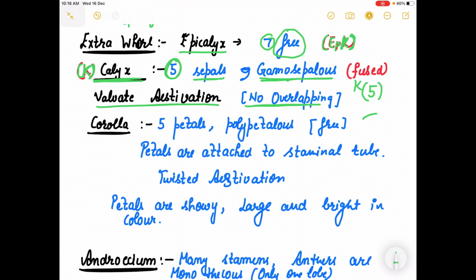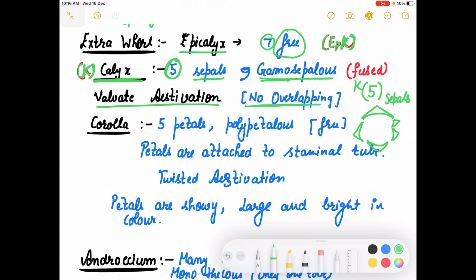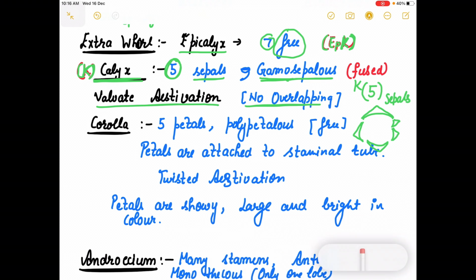Now again I am repeating, when you are making it triangular, it means you are drawing your sepals, right? Sepals. And if you are drawing the semicircular form, 1 2 3 4, और एक मेरा छोटा हो गया, but this should be in the same size.